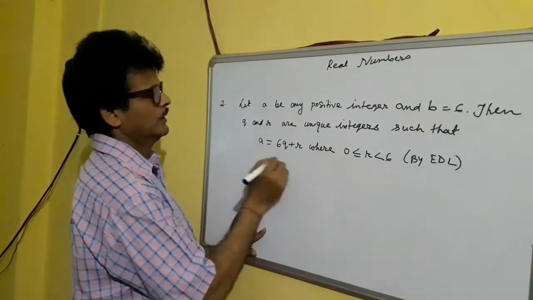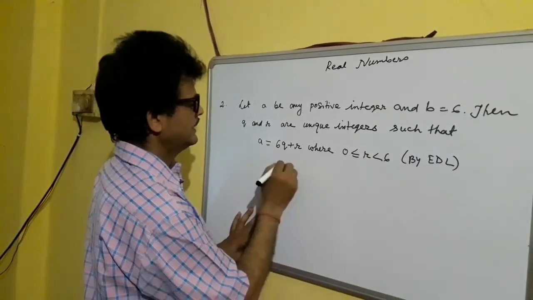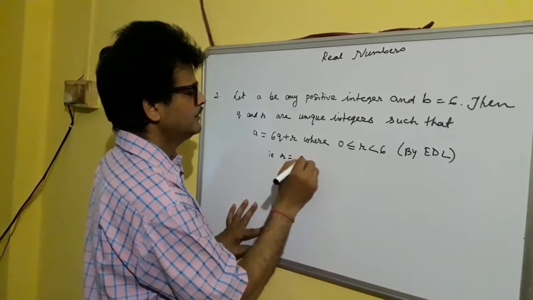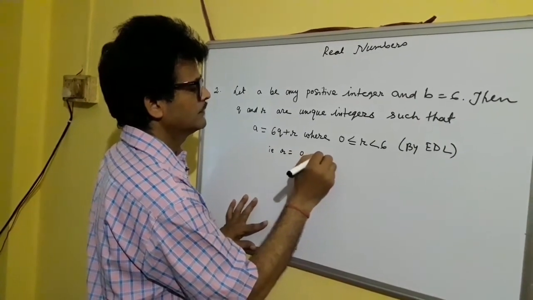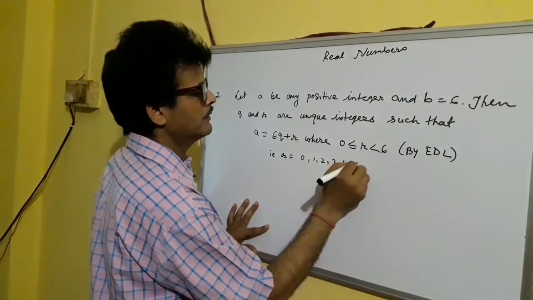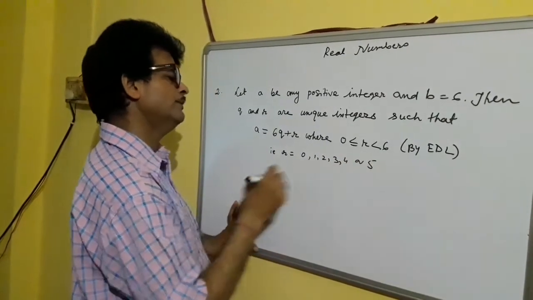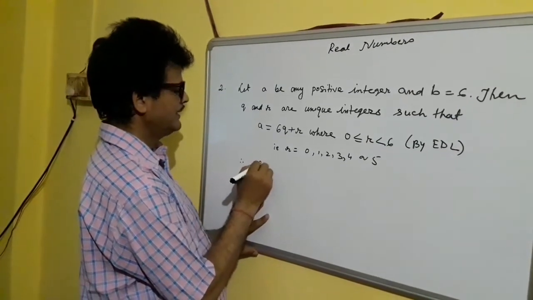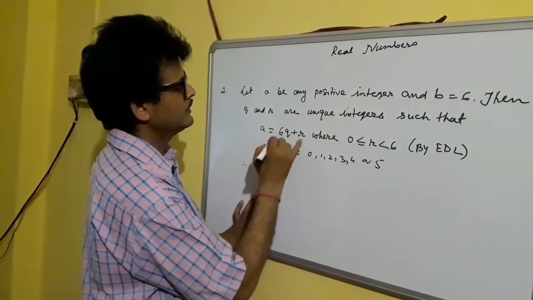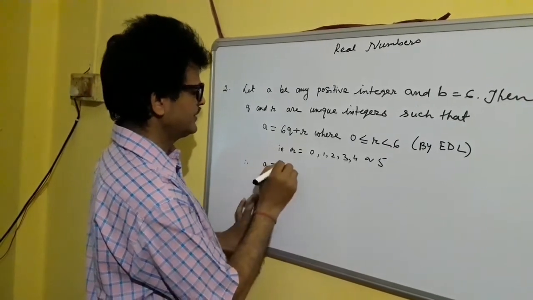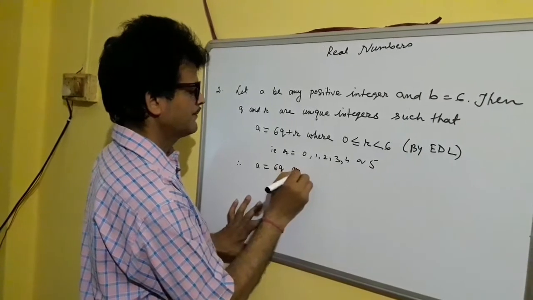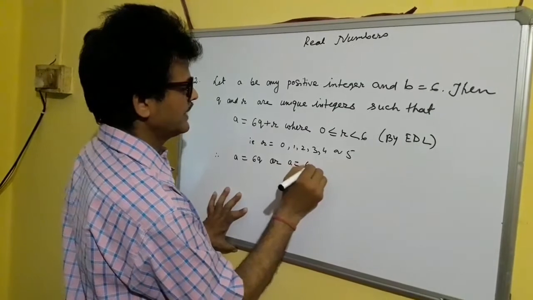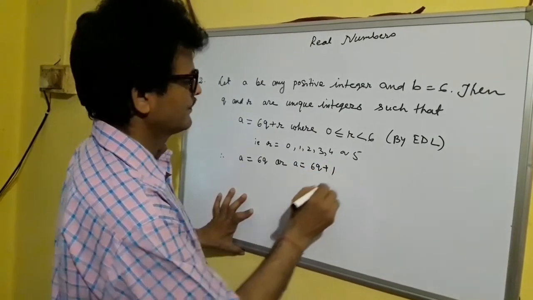Then what are the possible values of r? That is, r is equal to 0, 1, 2, 3, 4 or 5. Any one of these is possible. Therefore when we take r equal to 0, a is equal to 6q. When r is equal to 1, we get 6q plus 1.